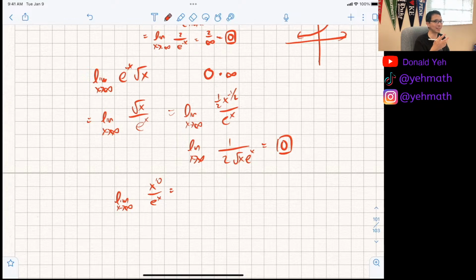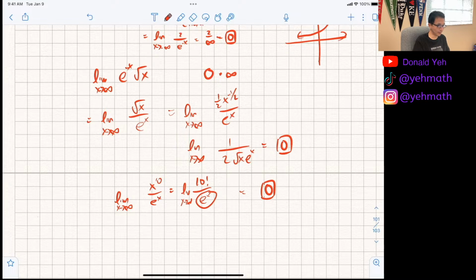On the top, it's not exponential. It's x to the 10th degree. So if you take 10 derivatives, eventually you're going to get 10 factorial over e to the x. What's 10 factorial? It's 10 times 9 times 8 times 7 times 6, and so on. The bottom goes to infinity. 10 factorial is still a number. So that's still equal to 0, regardless of what happened.